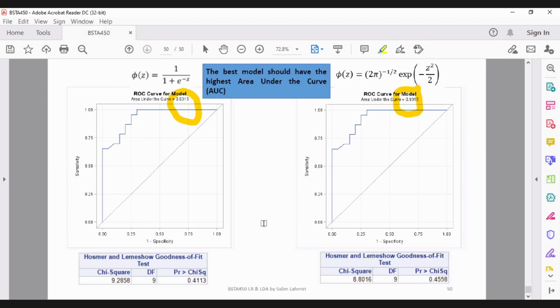In terms of goodness of fit, H0 is good fit, H1 is not good fit, and the p-value is 0.45, larger than 5%, so accept H0. So this is a good fit. For this one, the probability is 41.13. It's also a good fit.